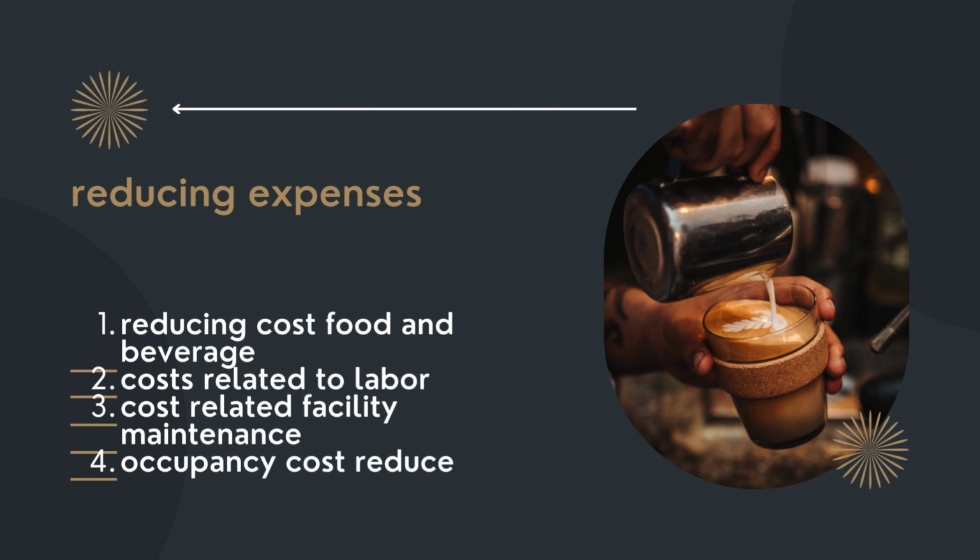So these are the things that are very important on how we will reduce the expenses, especially the cost related to labor, wherein it focuses more on the employee meals, yun yung mga ina-adjust natin, the taxes, and of course, anything that is related to the cost of labor is important.